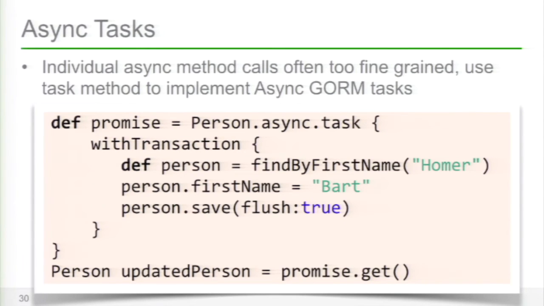But essentially, using the task method, you can perform a number of GORM operations. And notice how I'm not prefixing with person. I don't even have to. I just call the finder directly inside the task. So you get all of the GORM methods inside the task block available to you, which is pretty cool.